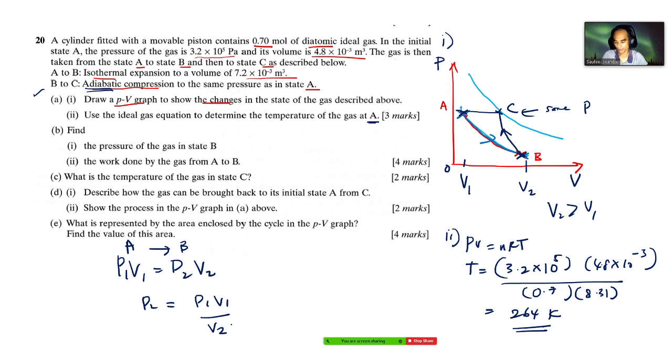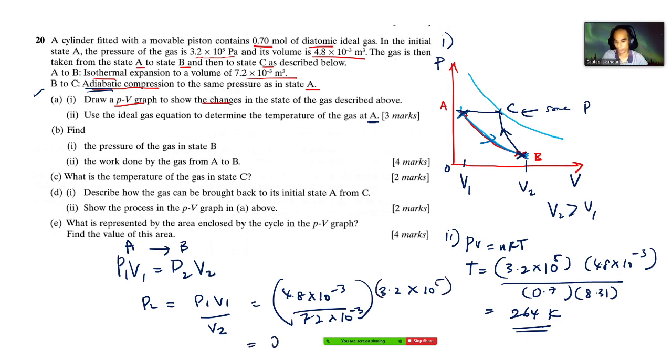It will be equal to 4.8 times 10 power of negative 3 divided by 7.2 times 10 power of negative 3, times 3.2 times 10 power of 5 Pascal.